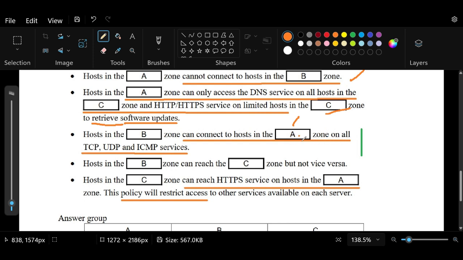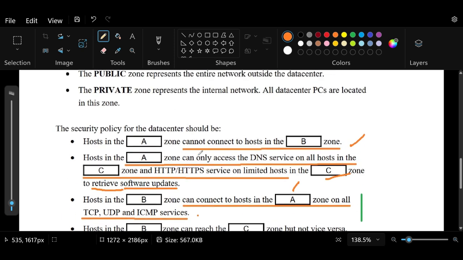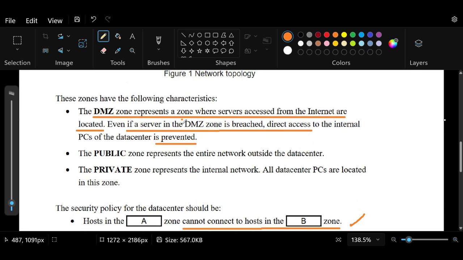However, if we change this to public zone of the internet, then I think that would cause more problems, if the private zone can connect to the internet on all TCP, UDP, and ICMP services. Remember that the DMZ is a zone that represents the zone where servers accessed from the internet are located.